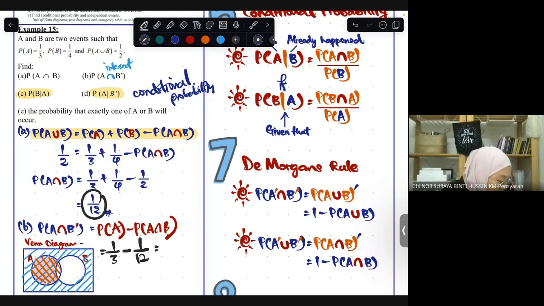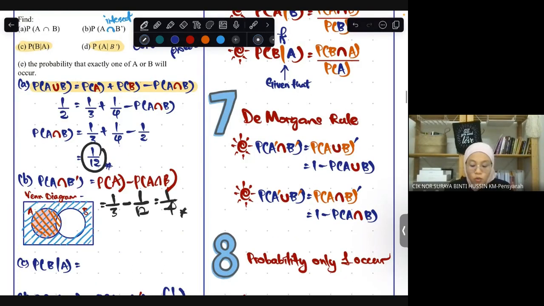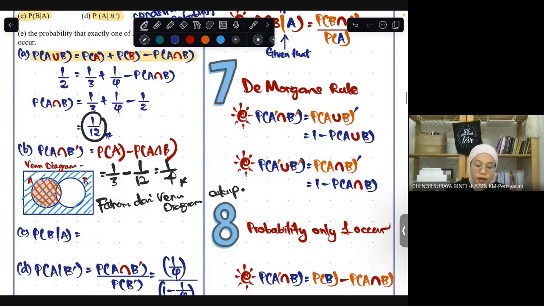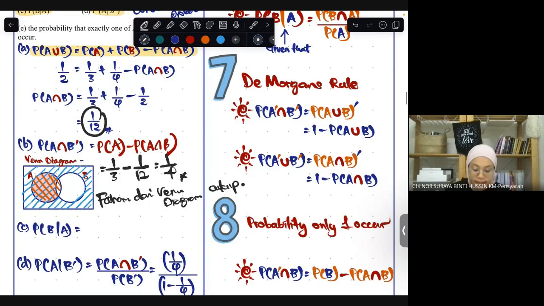Therefore, jawapan dia adalah 1/4. So, begitu sahajalah. Faham dari Venn diagram dah cukup. Tak perlu hafal formula.